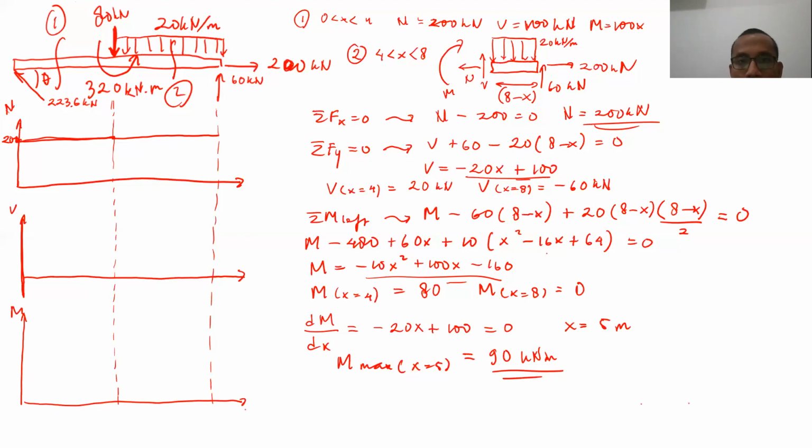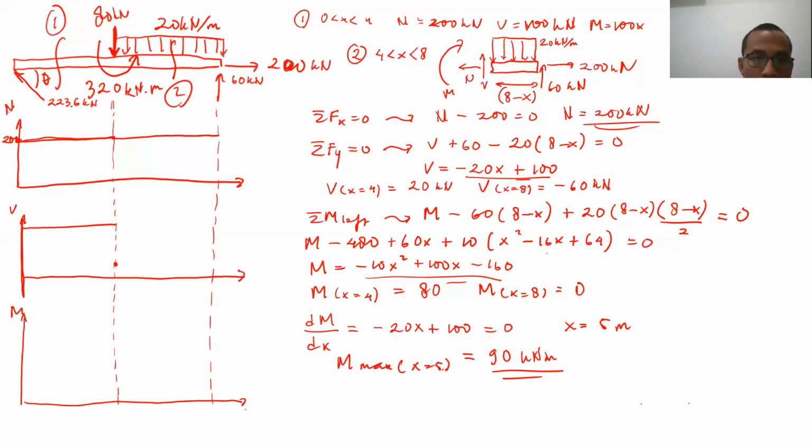Then after that, it drops to 20. Okay, 100 kilonewton here. Then it drops to 20. Okay. Then after that, it's going linear and going down linearly until it reaches 60 kilonewton when it reaches x equal to, this one is 20, right?